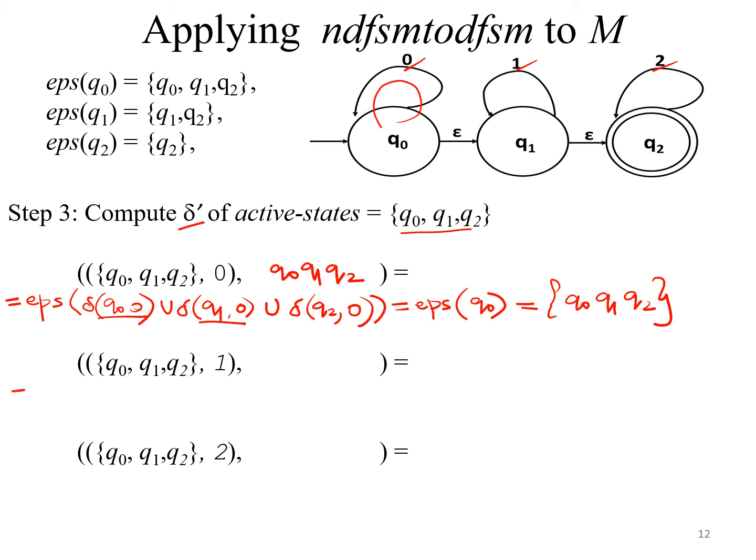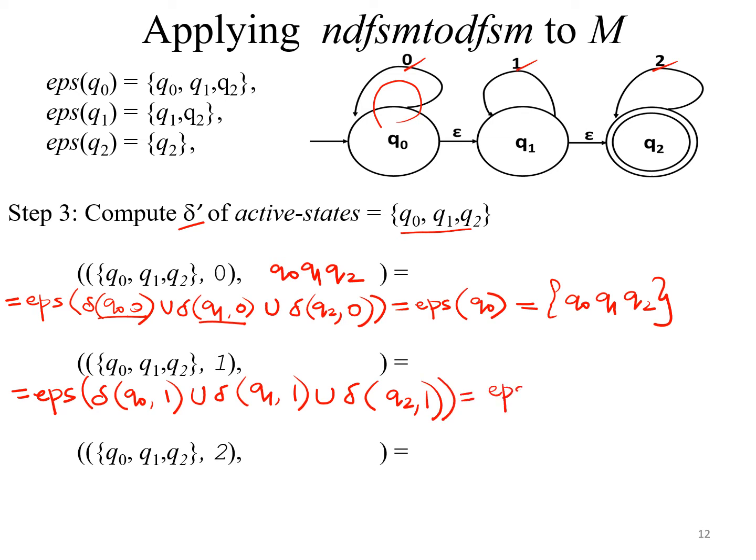Similarly, for Q0, Q1, Q2 on 1 is equal to EPS of delta of Q0, 1 union delta of Q1, 1 union delta of Q2, 1. That is equal to EPS of Q0, 1, we don't have any transition.